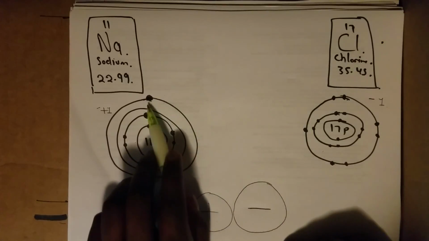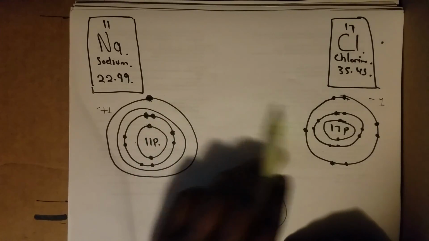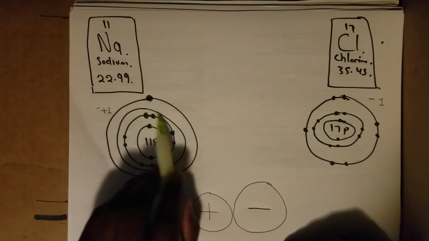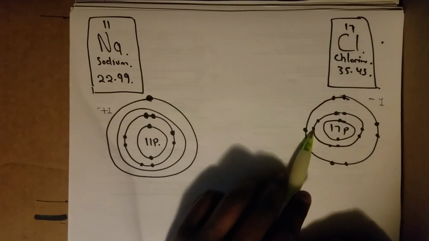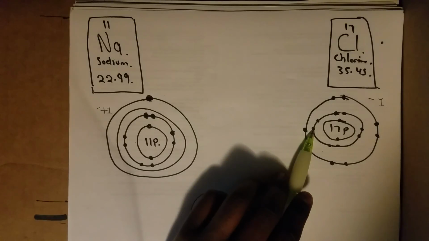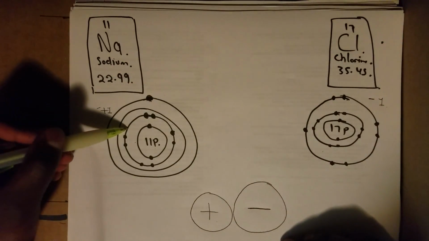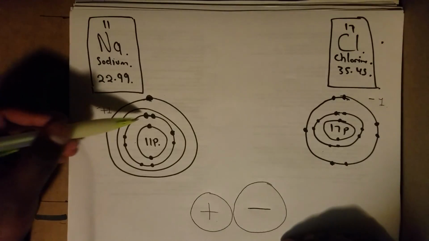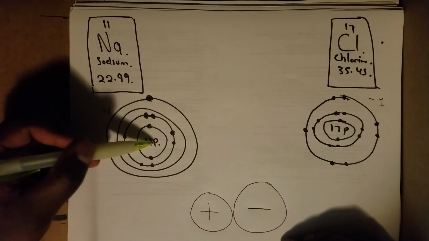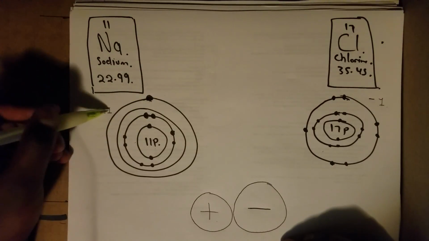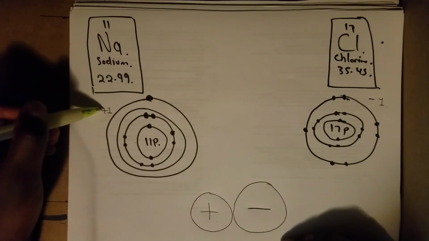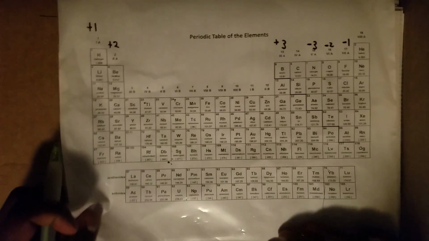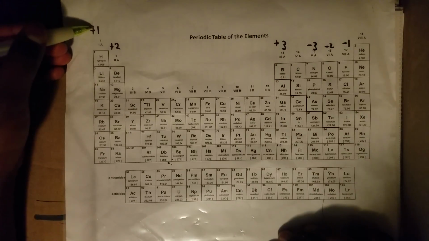But when the bonding takes place and the electron goes from here to the chlorine atom, this atom now has more protons because it loses an electron, so it becomes positively charged by 1. So the sodium atom has a +1 charge. If you look at the graph, sodium has a +1 charge when bonded with chlorine.